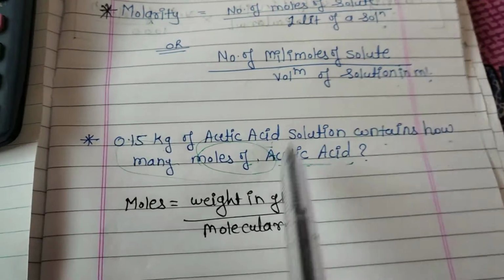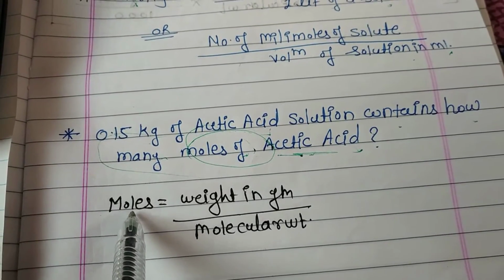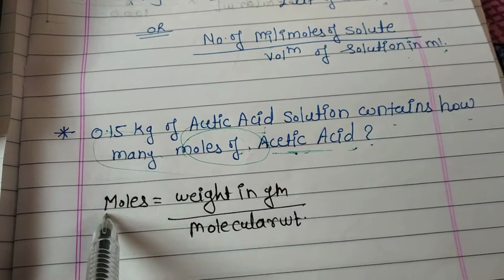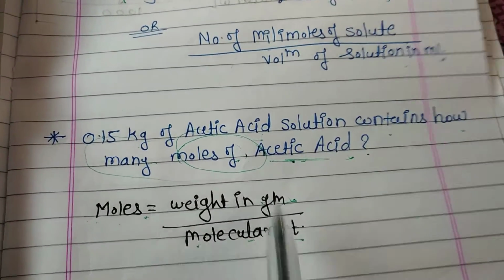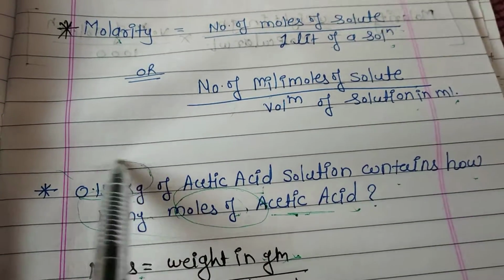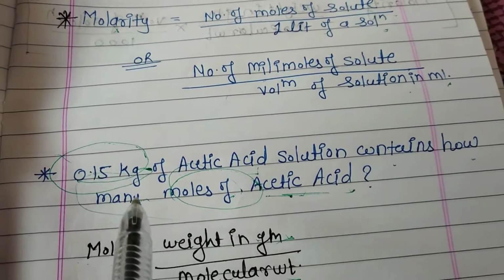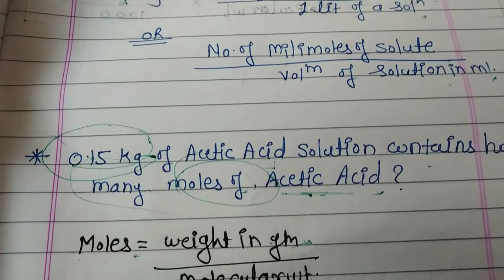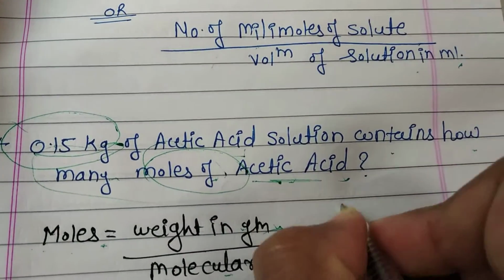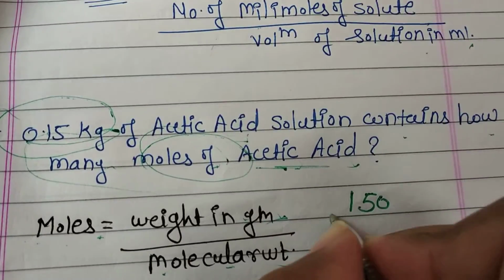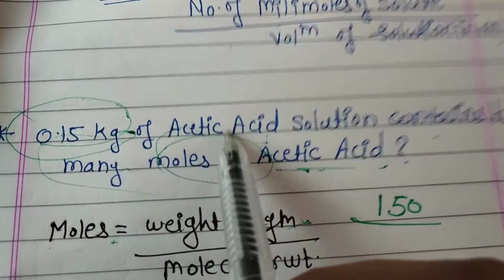For calculation of number of moles, we use the simple formula: number of moles is equal to weight in gram divided by molecular weight. Here the weight is given in kilogram, so our first step is the conversion of kilogram to gram. So 0.15 kg means 150 gram, divided by molecular weight of acetic acid.